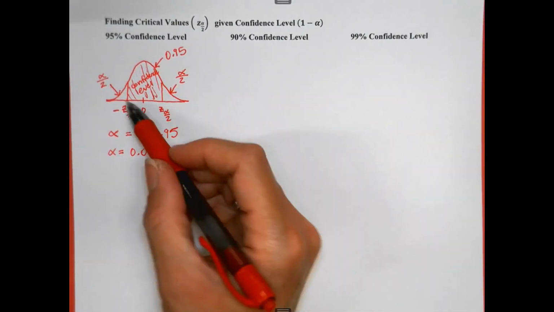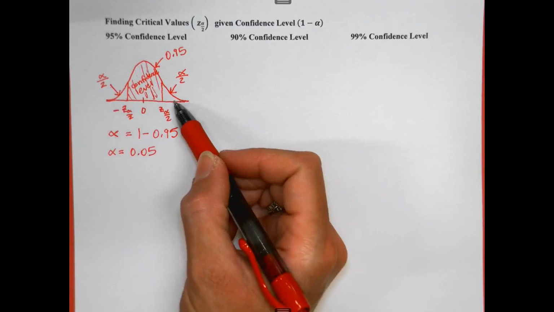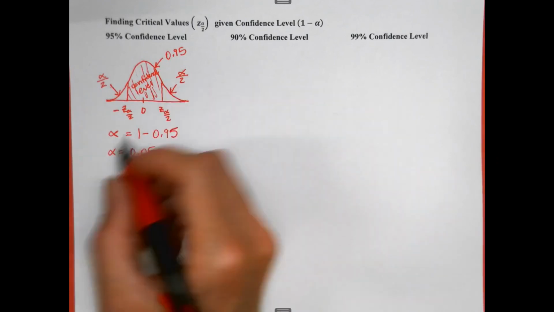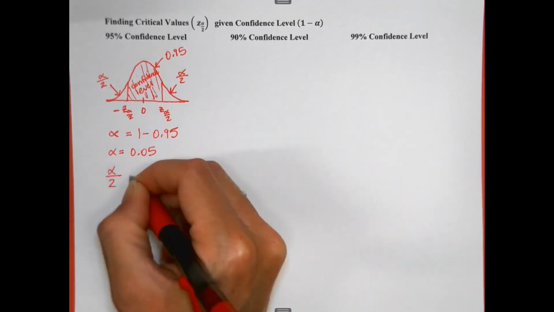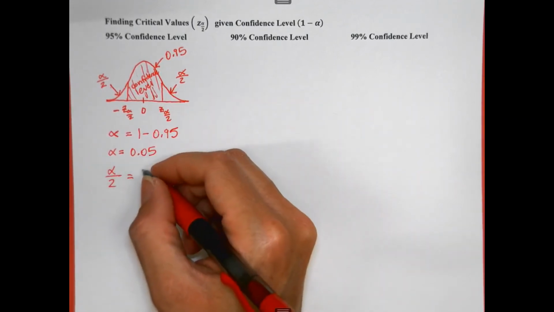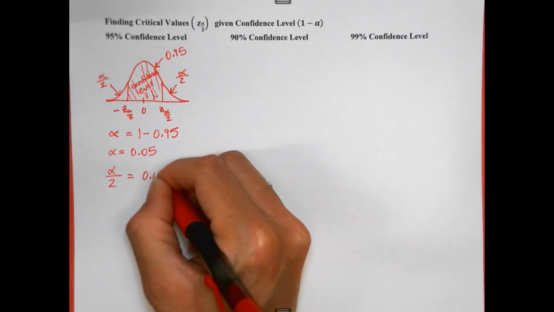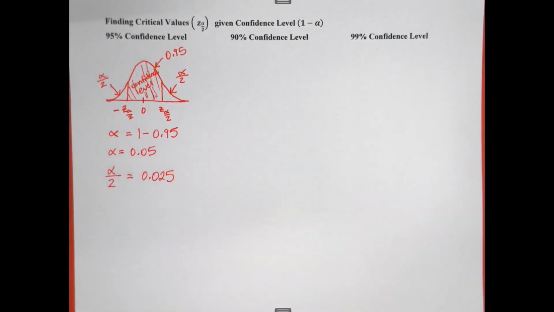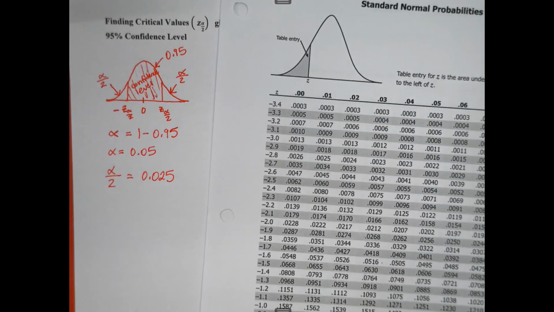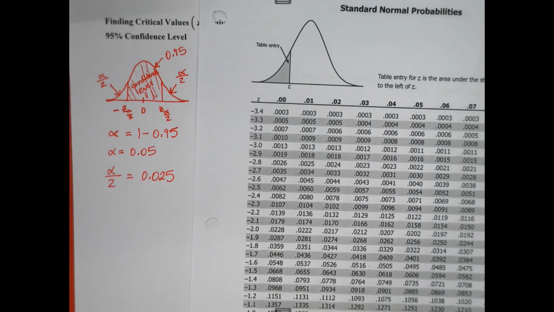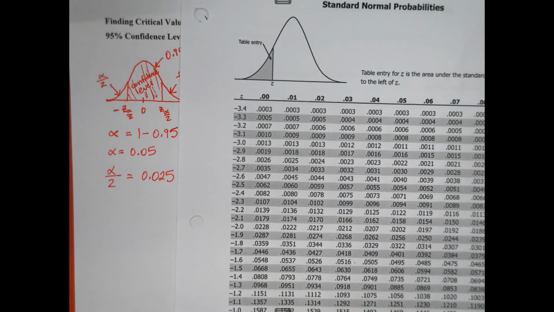So there's 0.05 in each of these two ends, and then we have to divide that by 2. So alpha divided by 2 is 0.025. From there, we have to take our z table and find 0.025, or the closest thing to 0.025 in our table.